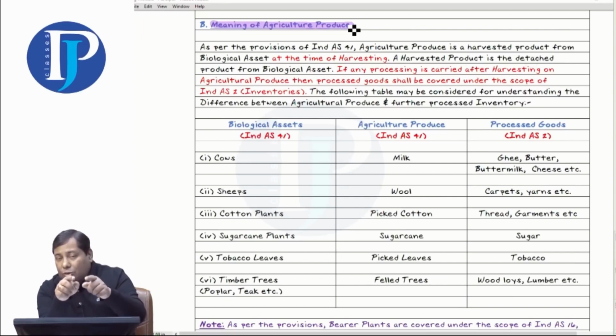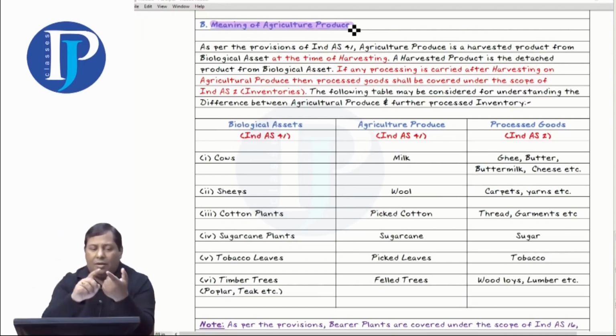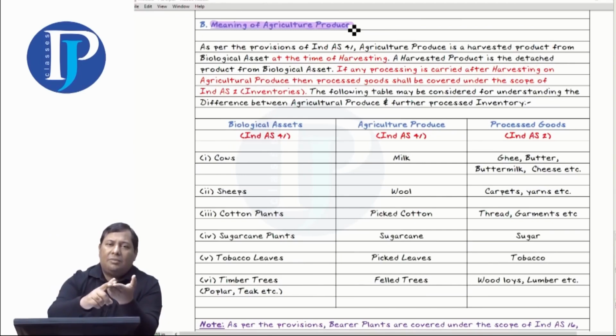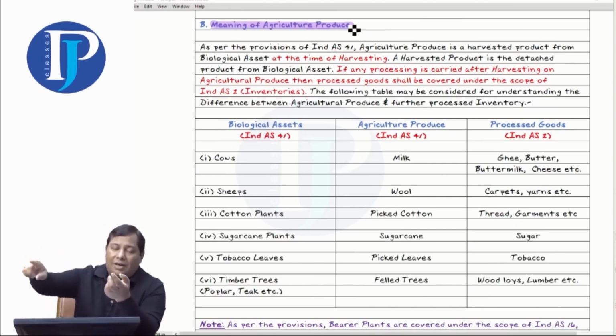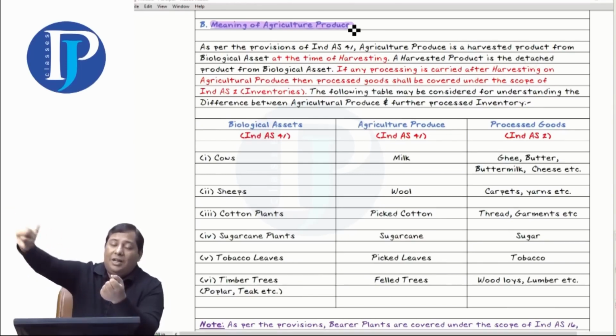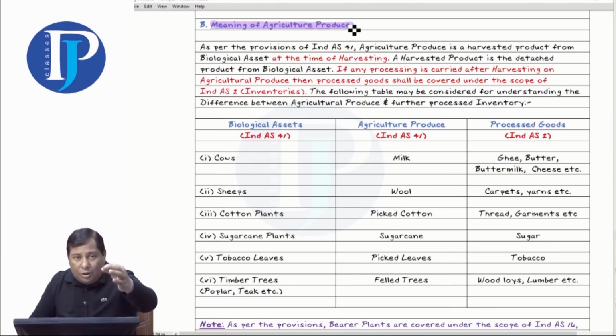But if you took this milk to your dairy and made clarified butter from it, or made butter and buttermilk from it, this product is obtained from processing and does not come under Ind AS 41 but under Ind AS 2. They are processed goods. So, the product taken out at the point of harvest is known as agricultural produce.